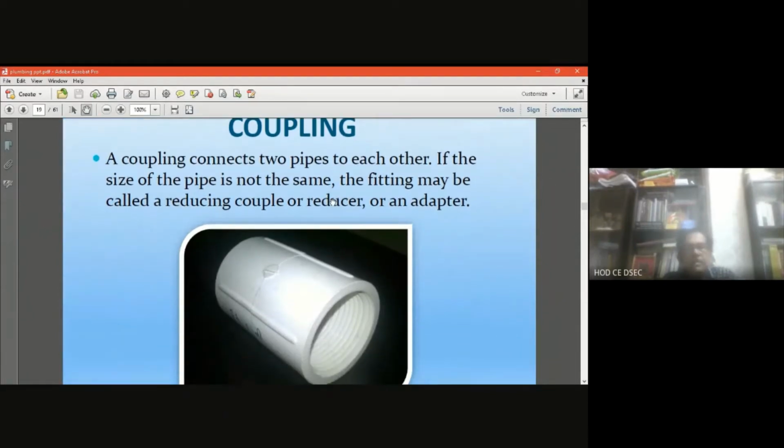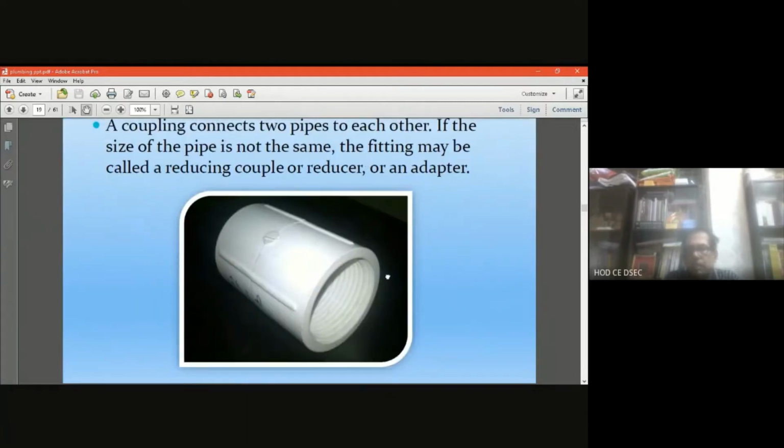If the size of the pipe is not the same, the fitting may be called a reducing coupling, a reducer, or an adapter. Suppose two different diameter pipe connections are being made, then the coupling, the fitting portion of the two pipe joint, may be a reducing coupling, reducer, or adapter.